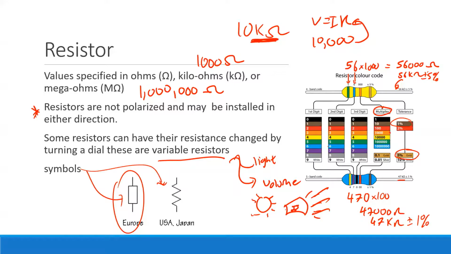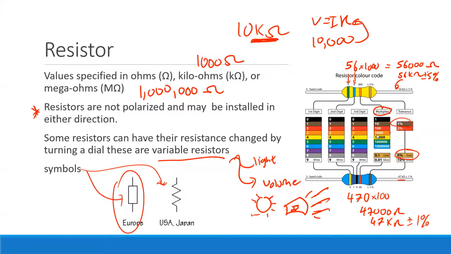So you would go, well, what's going to be red, brown, orange? And you go back to your chart. Red being 2, brown being 1, and then orange being the multiplier, 1,000.